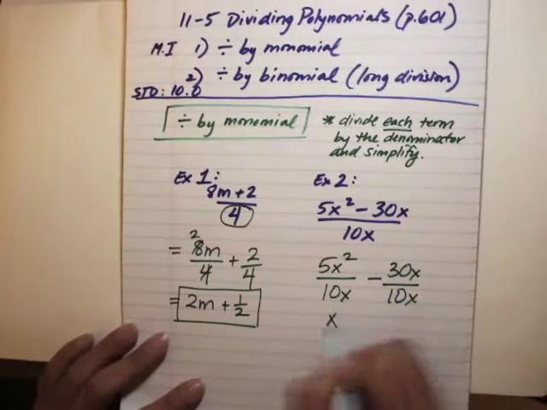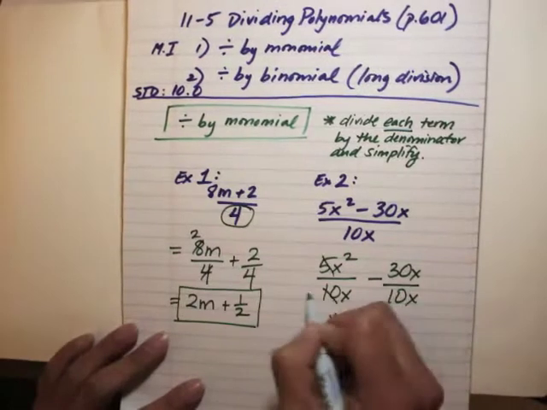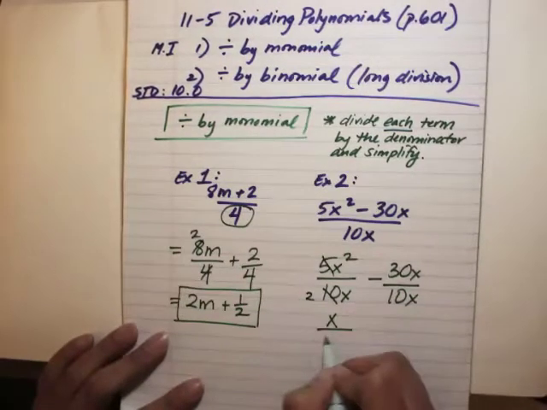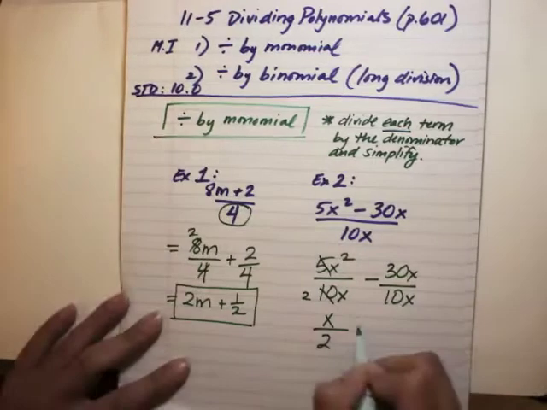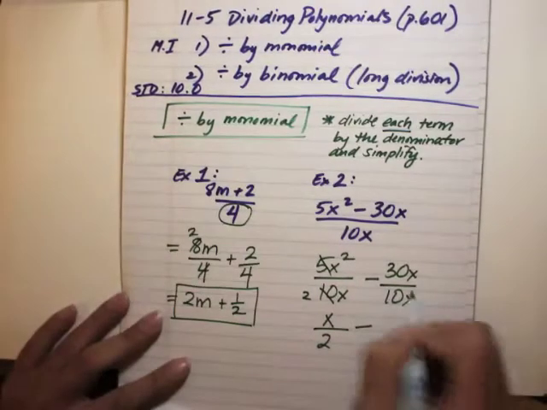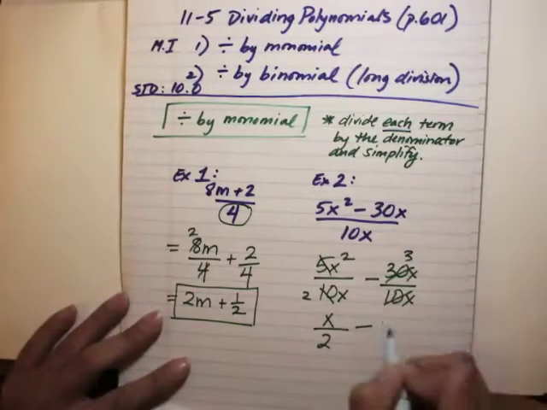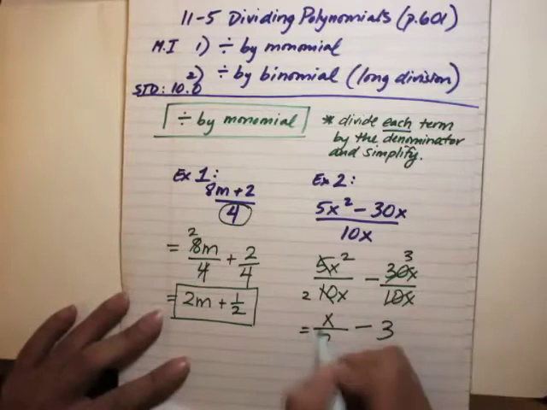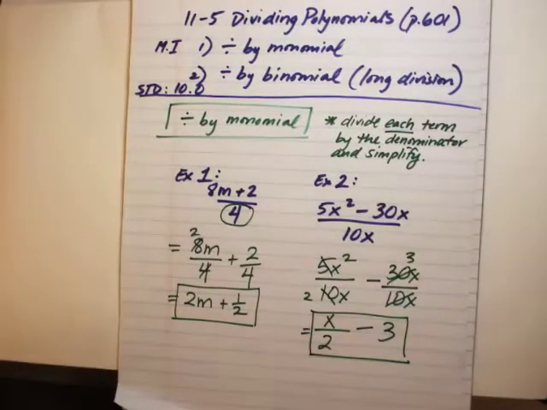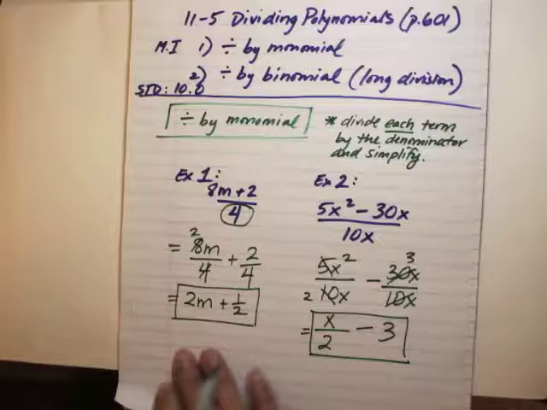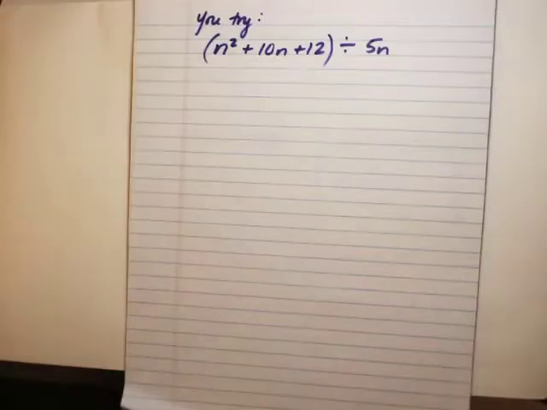You'd have x, and that's simplified, and 2 in the denominator, minus, that goes in, 3. So here we would have x over 2 minus 3. So it's very basic. I'd like for you to try this example.